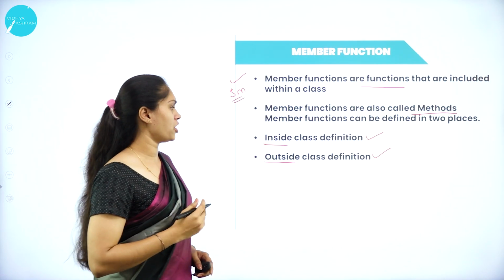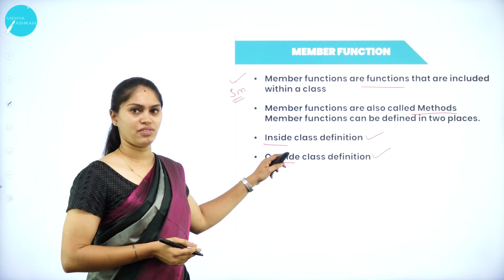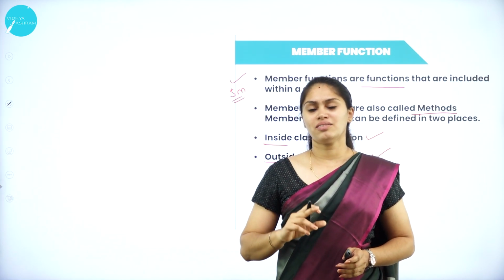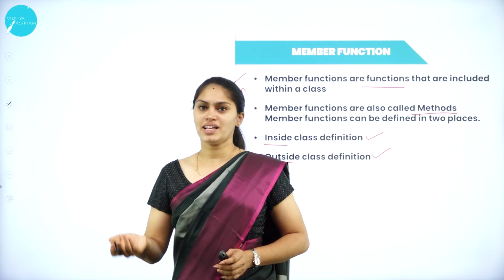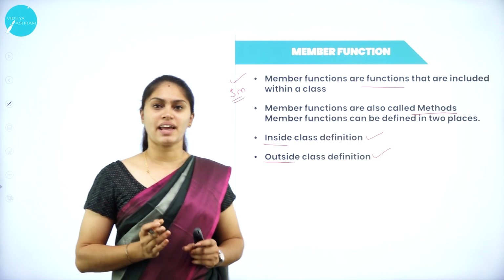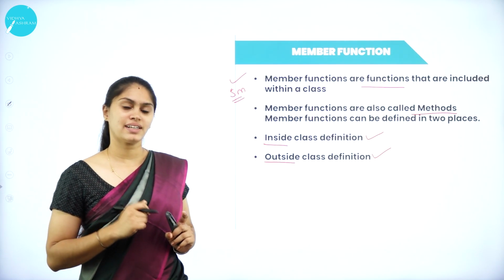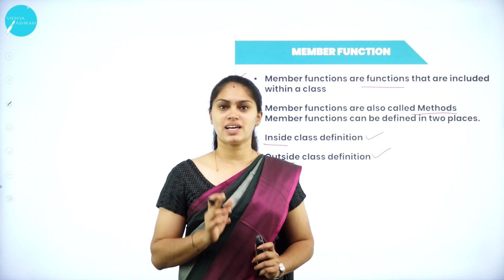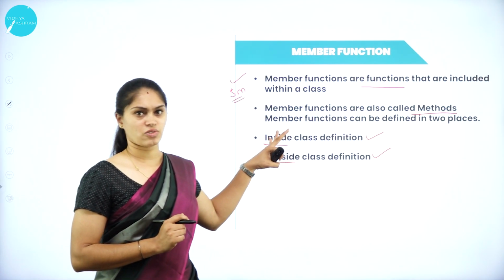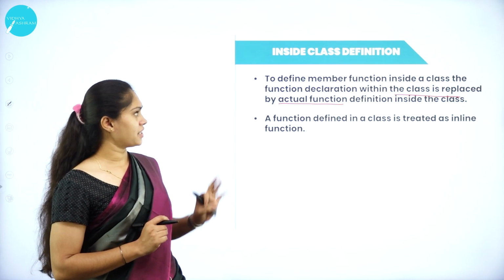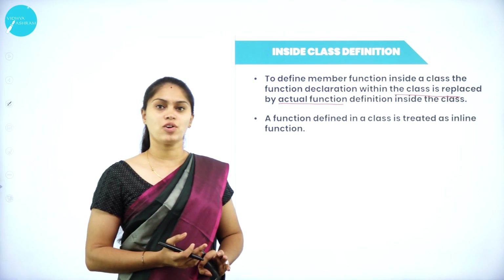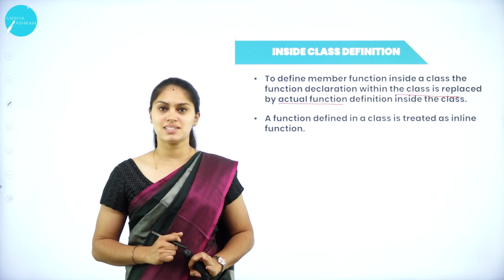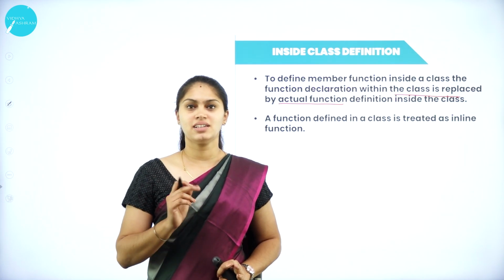They are going to ask either to explain the member function inside the class definition along with the syntax and example, or else there will be one more question like explain the member function outside the class definition with syntax and example. So these two questions are very important for 5 marks. Now we'll see how to use the member function inside the class definition and how we are going to write a program for that, and how to use the member function outside the class definition along with the syntax and example.